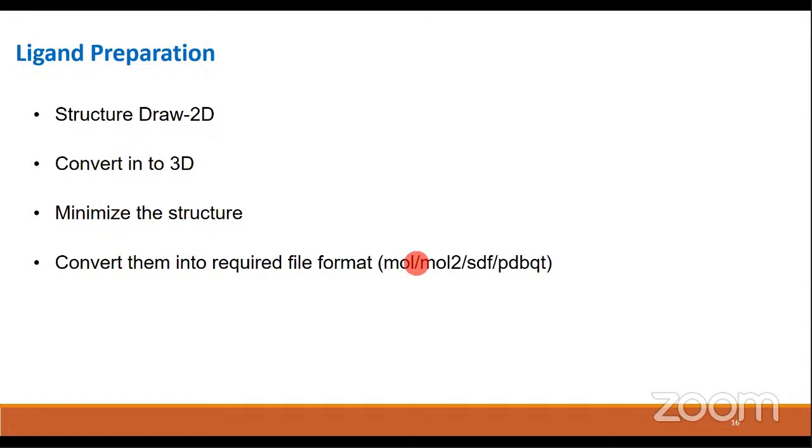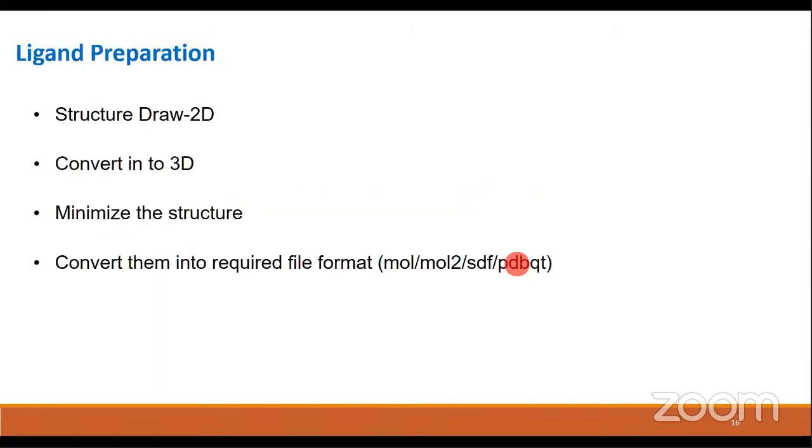Some software needs MOL format, some require SDF format. Most will accept SDF. For example, if you are using AutoDock, it needs a PDBQT file for molecular docking. I'll talk later in this session about what software we can use to generate these files.